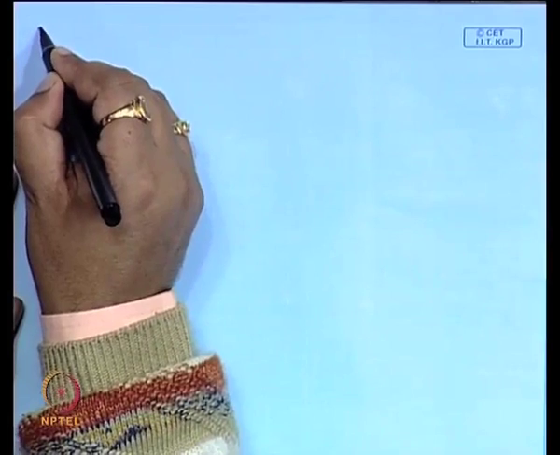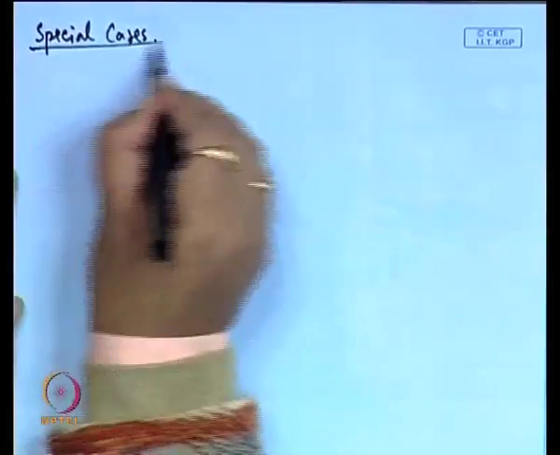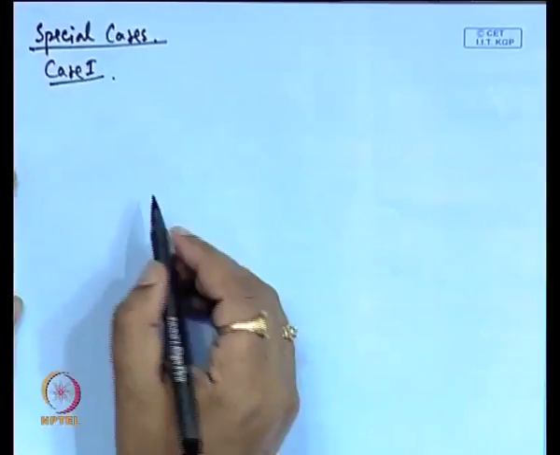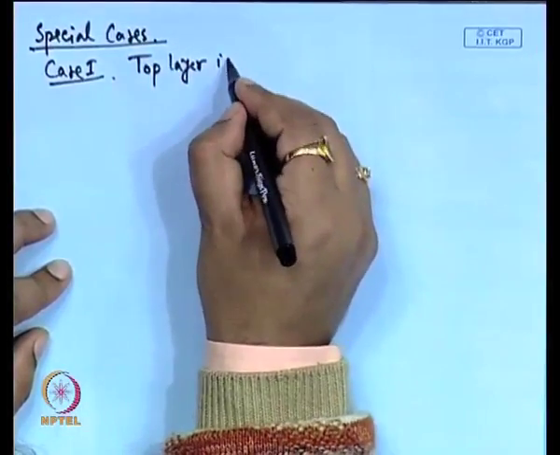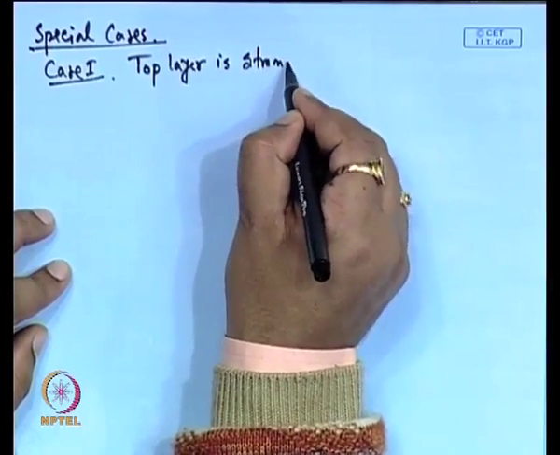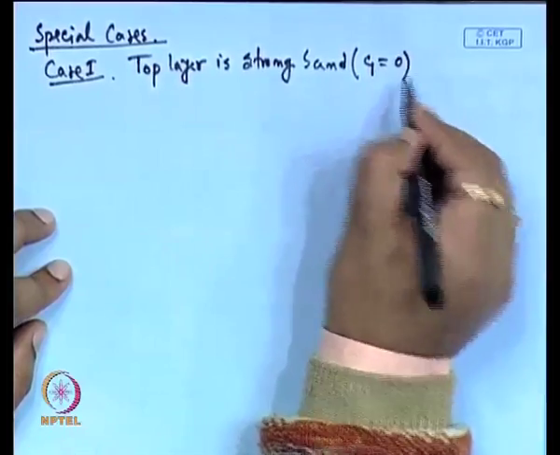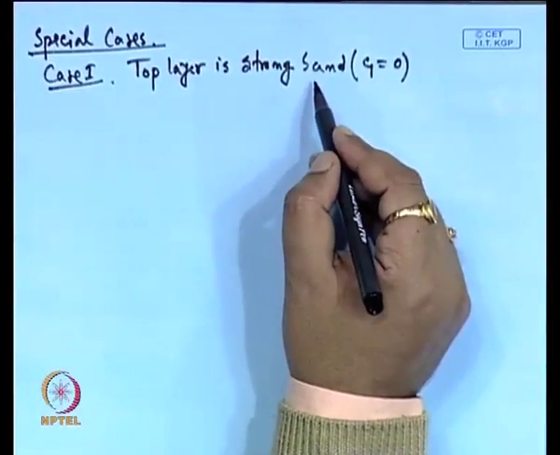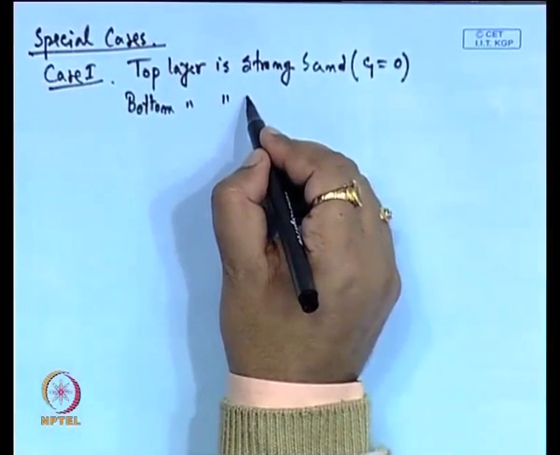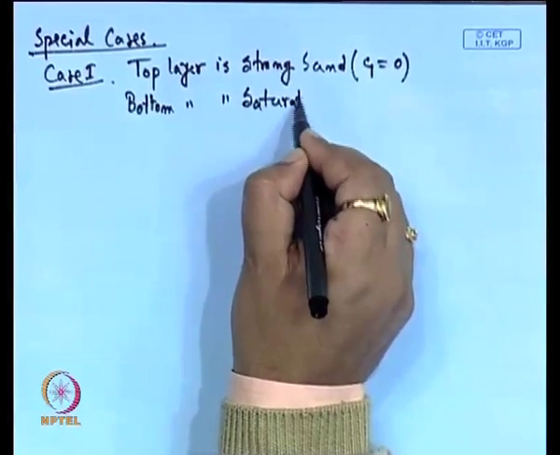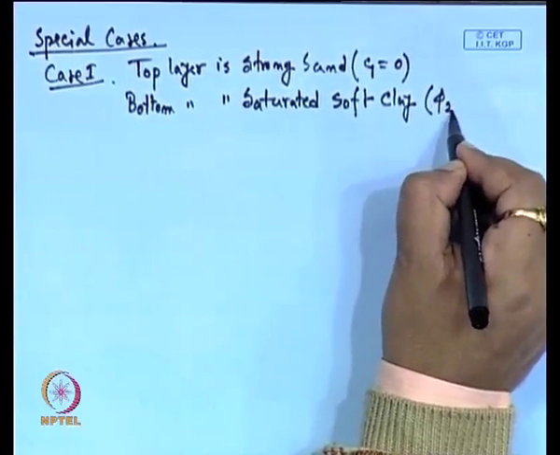The special cases, that is the first case: this condition is the top layer is strong sand, that means this is purely sandy soil, whose C1 is equal to 0, and as the top layer is a strong layer, this will be strong sand, and the bottom layer is saturated soft clay, that means phi 2 is 0.